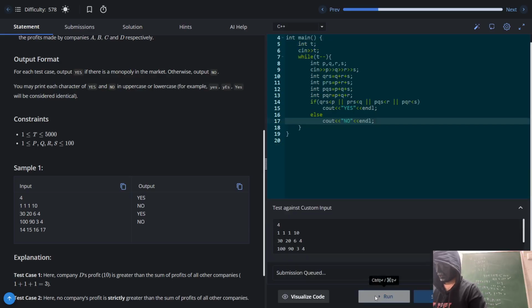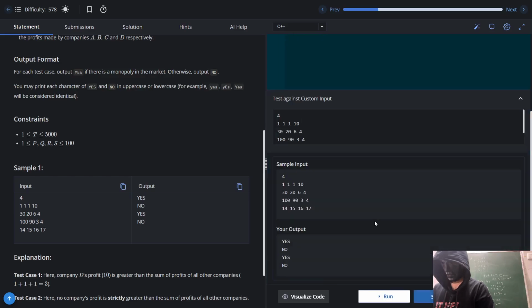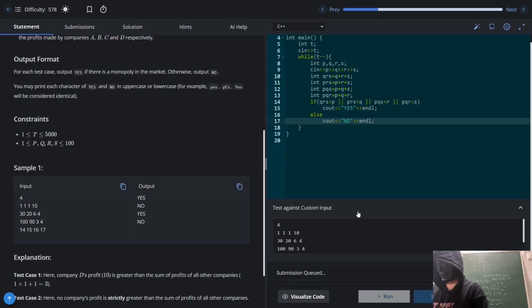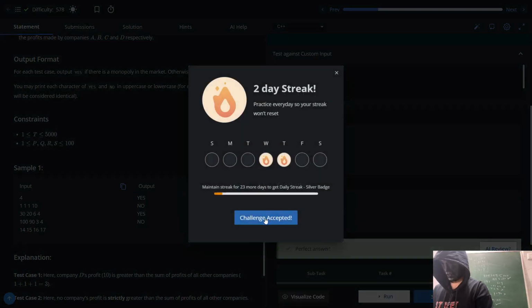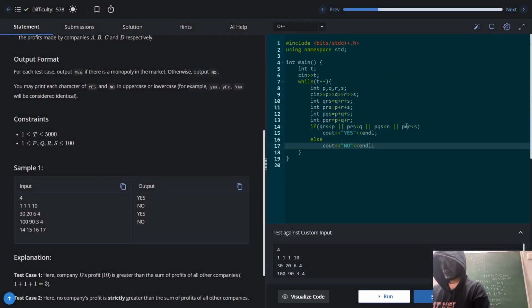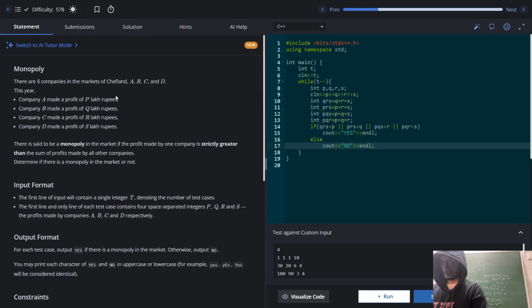Let's try to run the code. Yes, no, yes, no, yes, no, yes, no. Let's try to submit the code. Yeah, it got accepted. So it was easy only, kind of. We'll have to check for all the 4 cases.